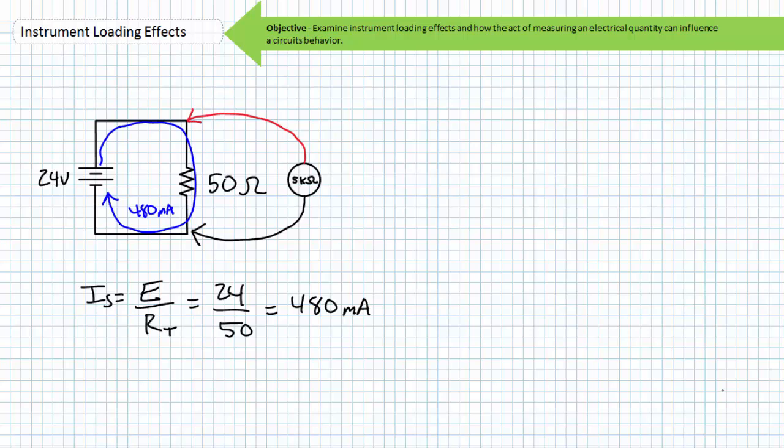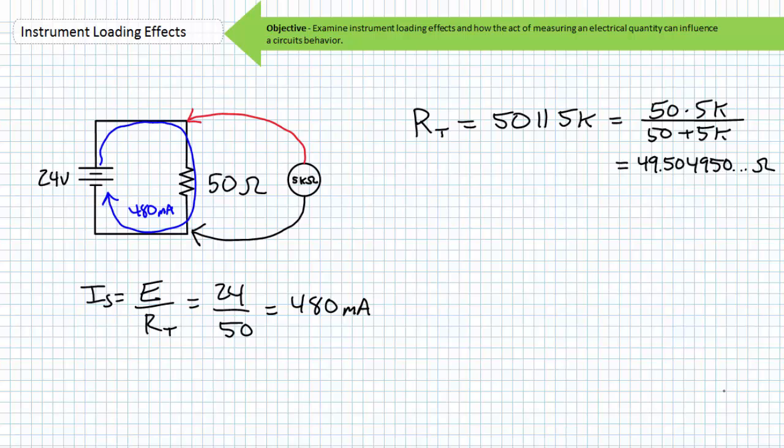hooked to 24 volts. This subpar voltmeter now presents a parallel path with substantially less resistance than earlier. The source no longer sees just the 50 ohm resistor, but rather the parallel combination of a 50 ohm resistor and 5 kilo ohm resistor. The parallel combination of a 50 ohm and 5 kilo ohm resistor is approximately 49.504950 ohms carried out to 6 decimal places.